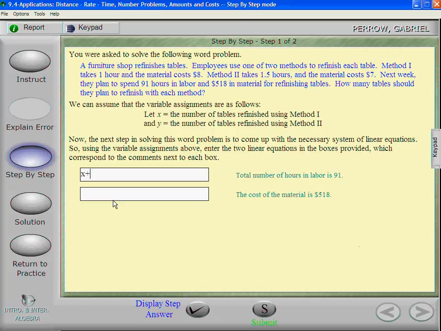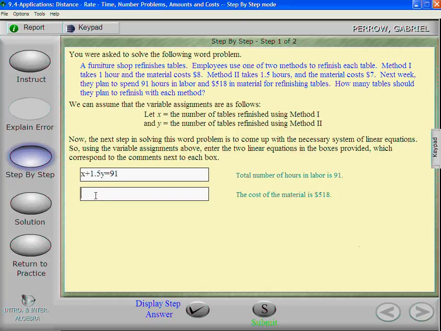And then I'm going to add 1.5 hours times the number of tables for method 2, which gives a total amount of hours, and that equals 91. Sorry, I messed that up a little bit. x plus 1.5 times y, where y is the variable for method 2, equals 91.